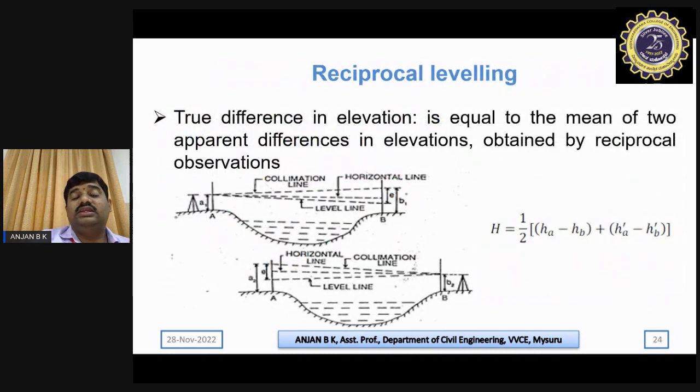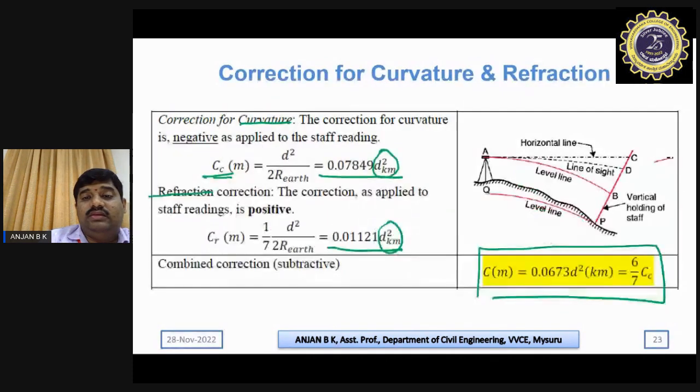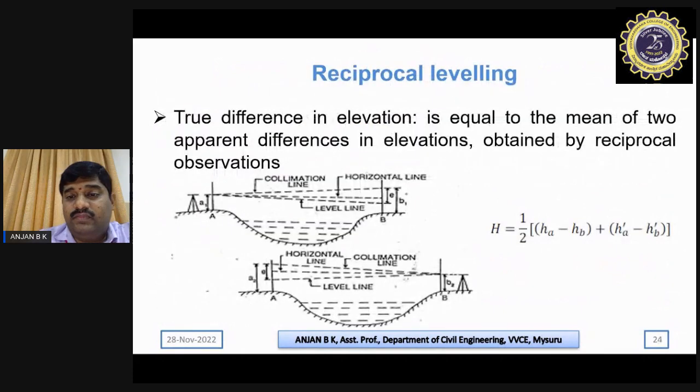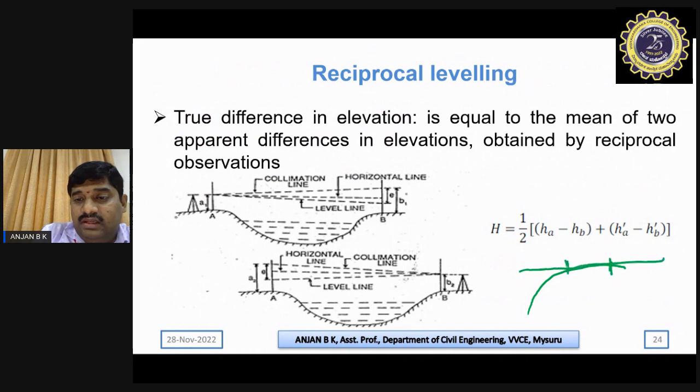And one more thing is reciprocal leveling, where we will be finding the true elevation between the 2 points which are apart by a certain length. In the curvature theory, if you draw a horizontal tangent line, the coinciding projection measurement length is only 100 meters.